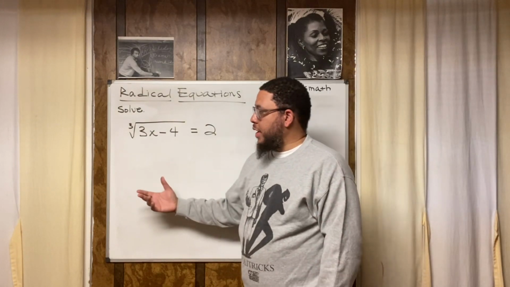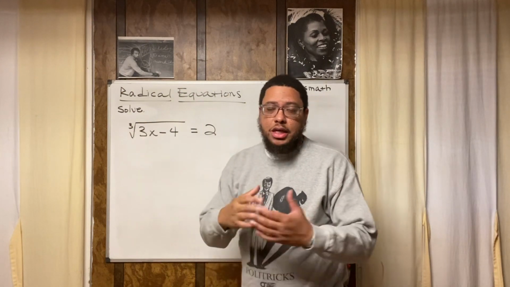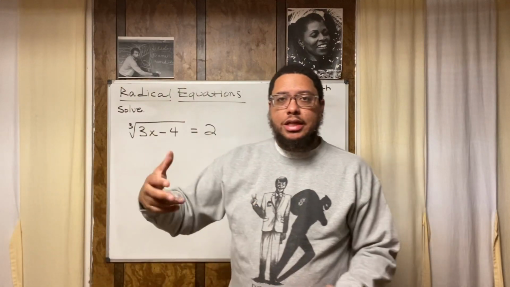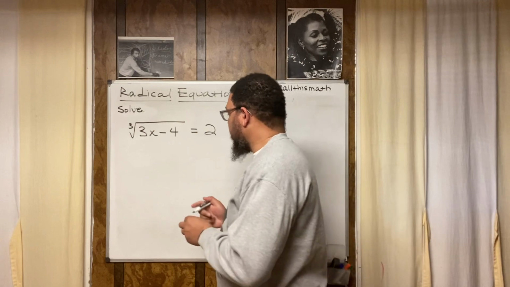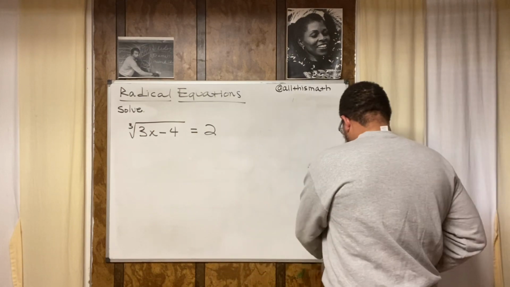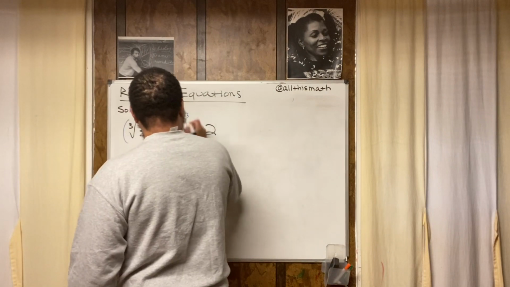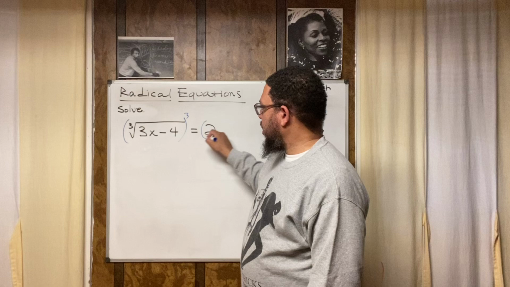The way you eliminate the radical is you do the inverse operation. The inverse of taking the cube root of something is cubing something, or raising it to the third power. So watch this. Let me use a different color. Also, I did it on the left side, so I also have to do it on the right side.